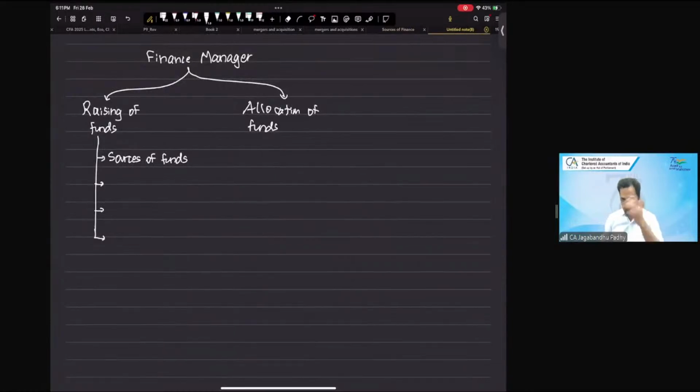So, coming to the role of finance manager. As a finance manager, you should initially know what are the different sources of funds that you have got. Second thing, after understanding the sources of funds, once we have decided what the sources of funds are, then I need to decide from where I should raise the funds, right?